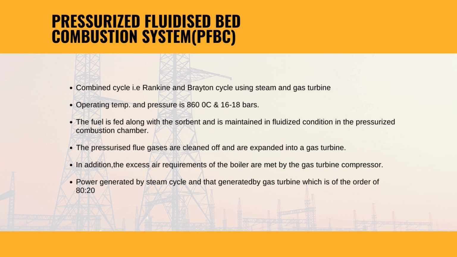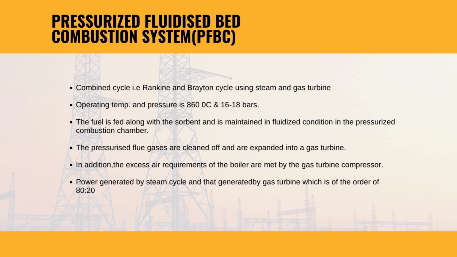The off gas from the fluidized bed combustor drives the gas turbine. The steam turbine is driven by steam raised in tubes immersed in the fluidized bed. The condensate from the steam turbine is preheated using waste heat from the gas turbine exhaust and is then taken as feed water for steam generation.